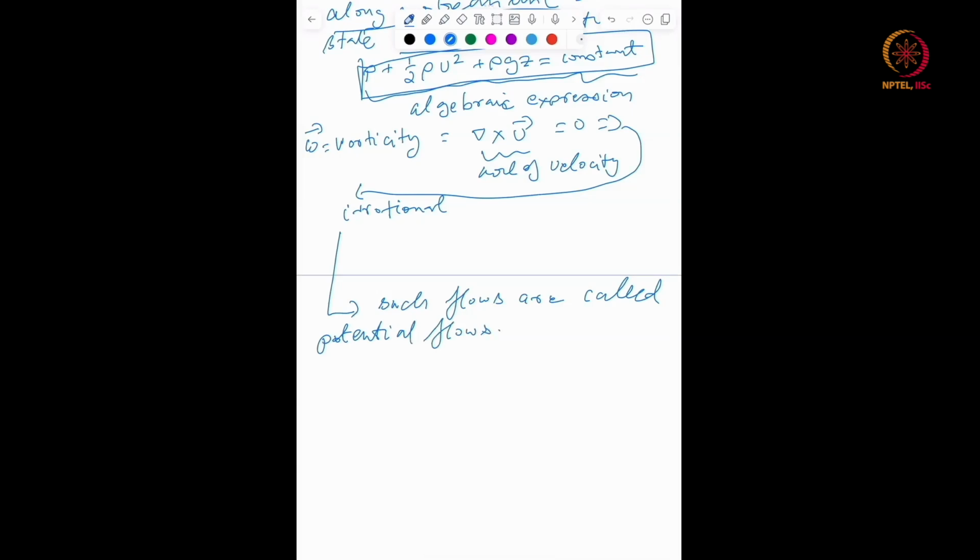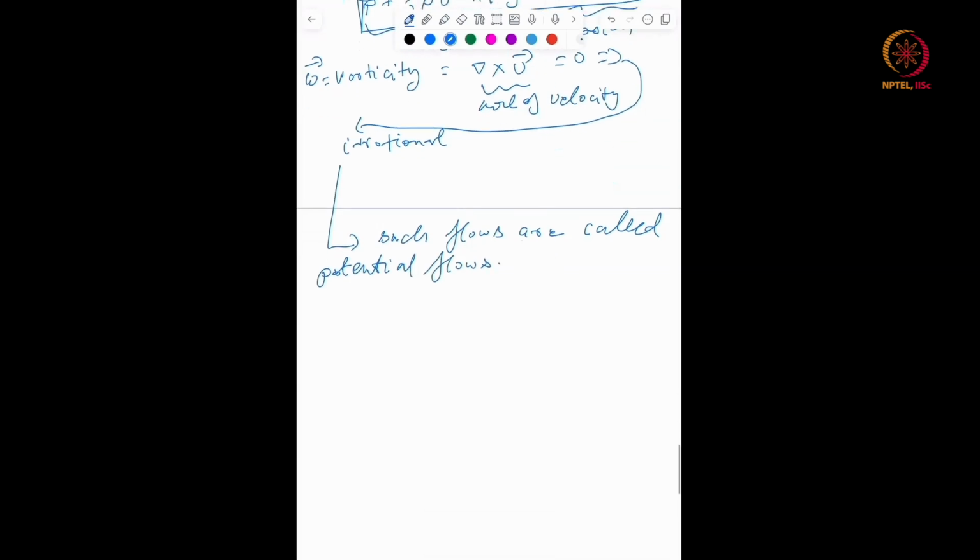In potential flow, when the flow is irrotational, you can apply Bernoulli's across from one streamline to another. So Bernoulli can be applied across from one streamline to another.